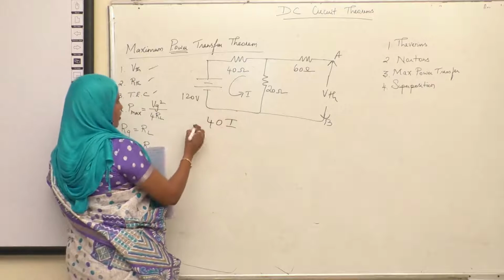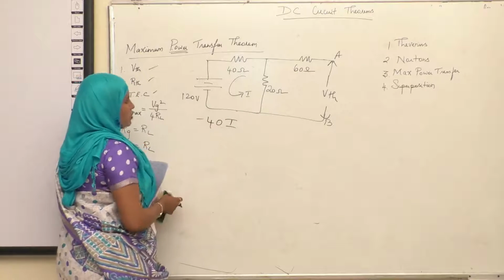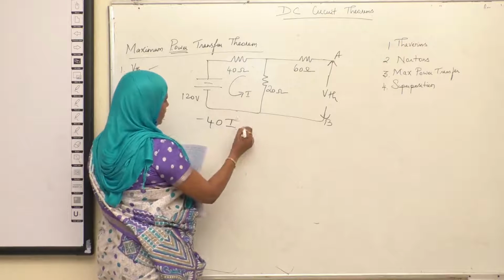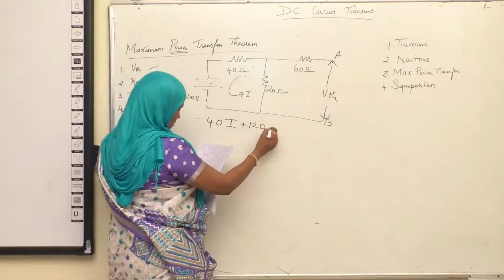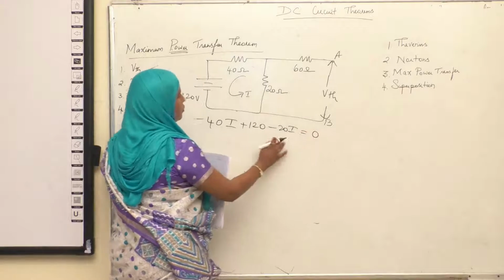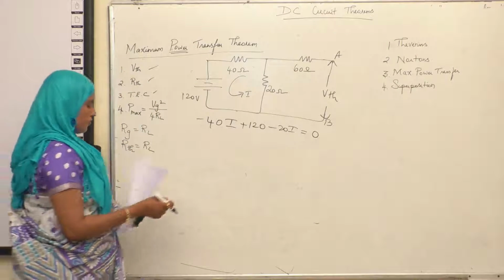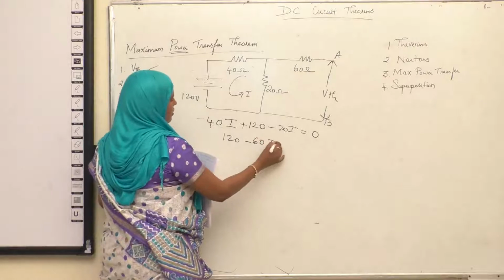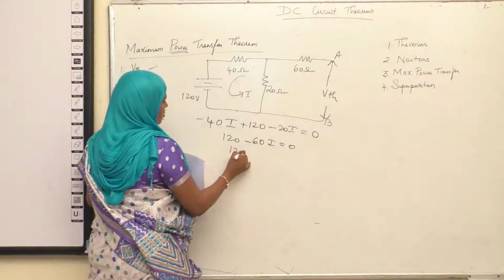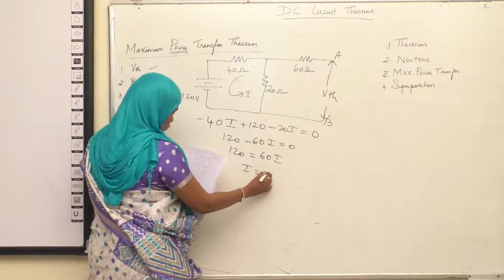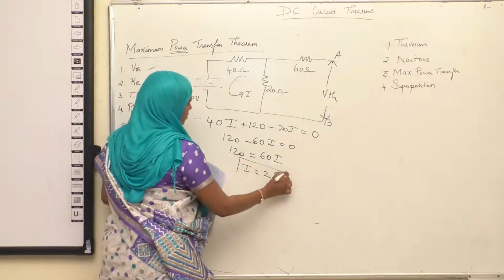It is flowing from minus to plus, so it is minus 40I. Then plus 120 and minus 20I, and it is always equal to 0. So from this, 120 minus 60I equals 0. From this, I equals 2 ampere.